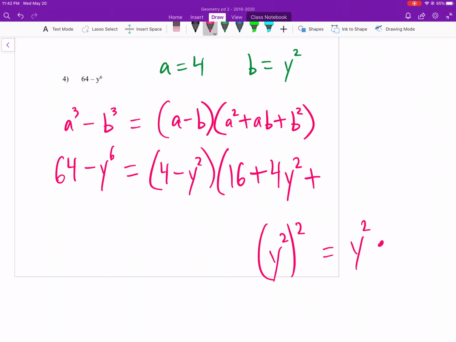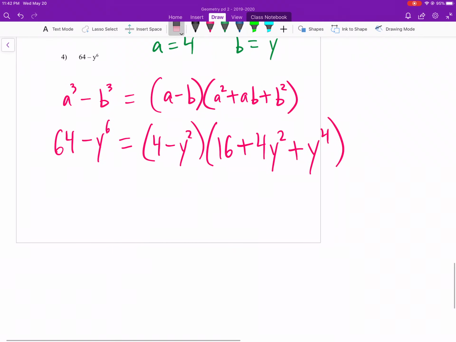So that's y squared times y squared, which is y to the 4th power. Okay.